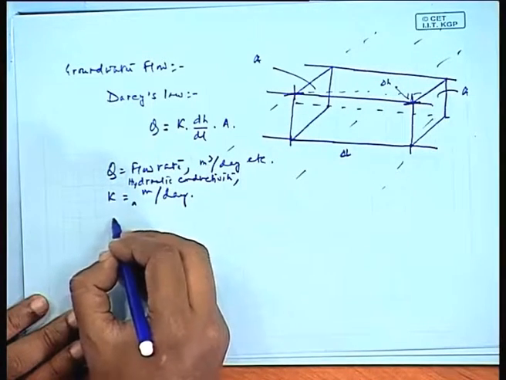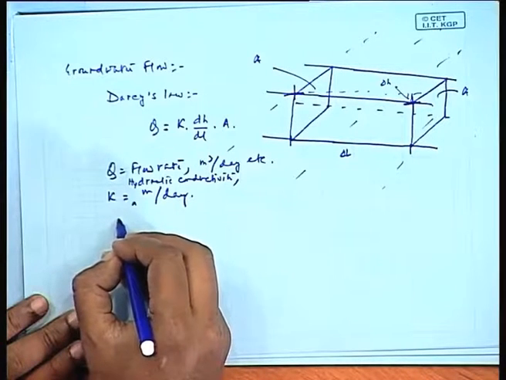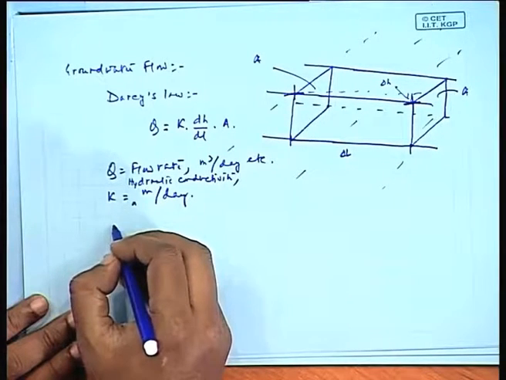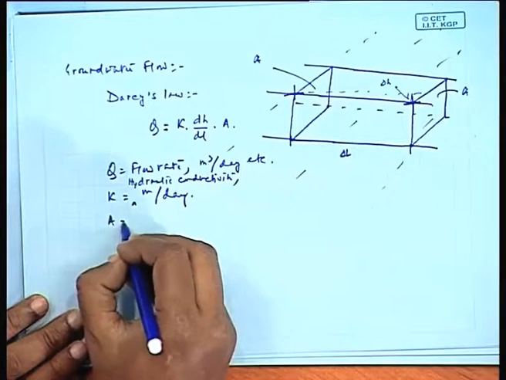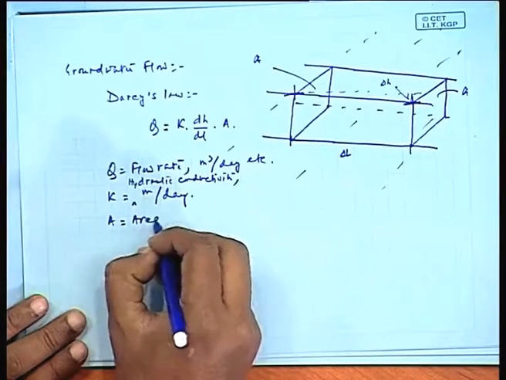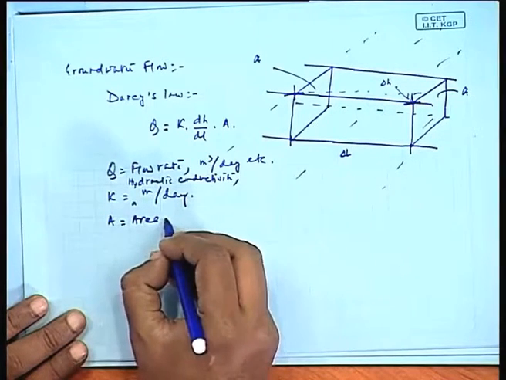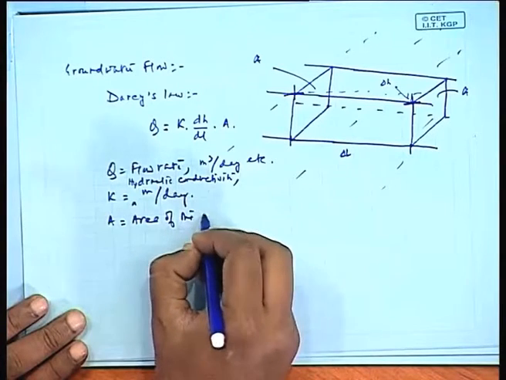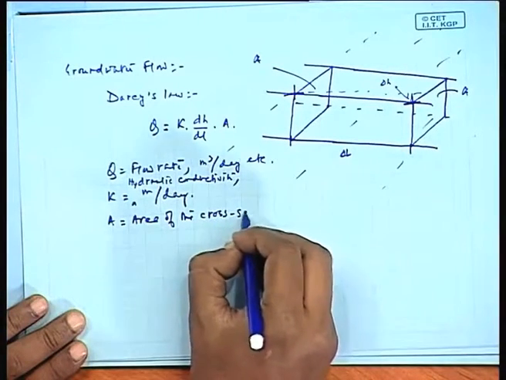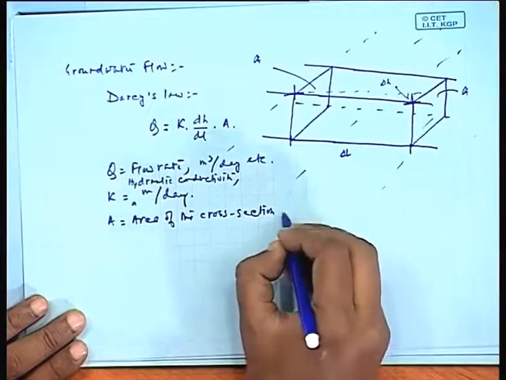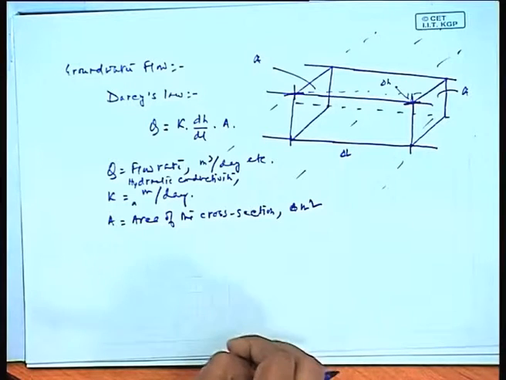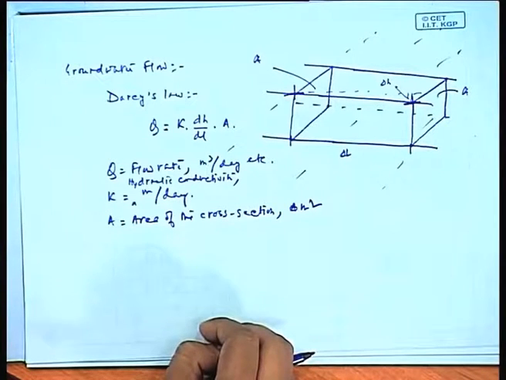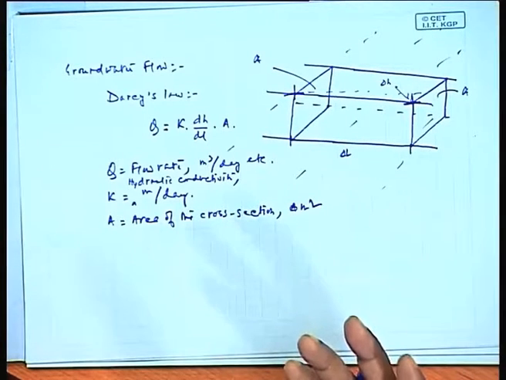Del H by del L is without units, and A is the cross sectional area of the cross section, given in terms of meter square. So you can find out Q in meter cube per day or meter cube per year.